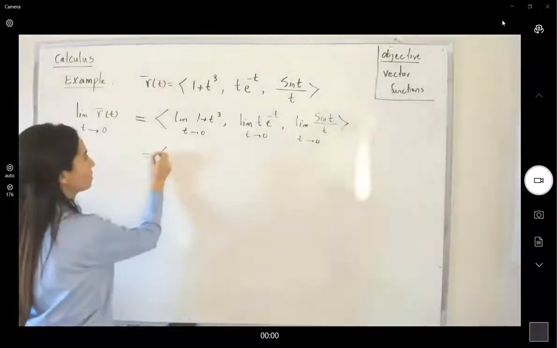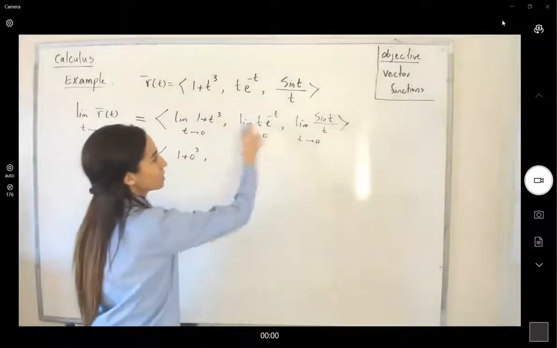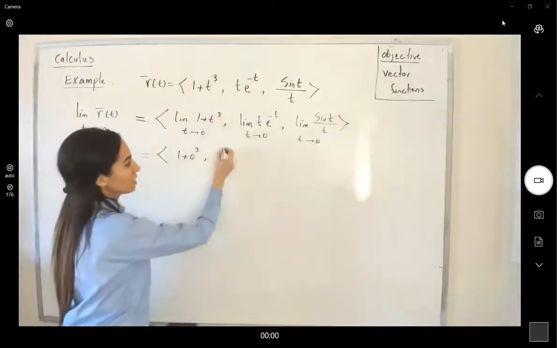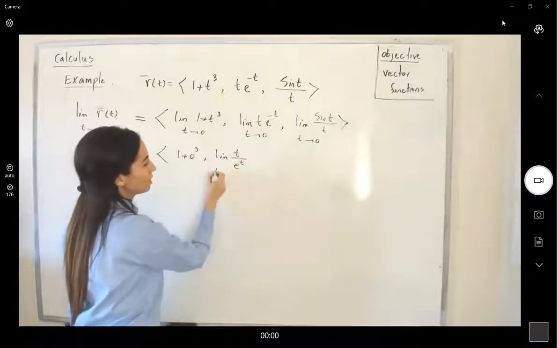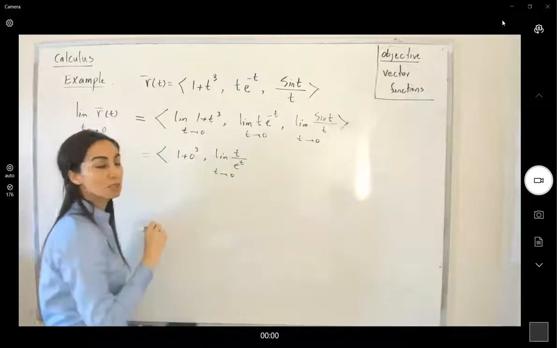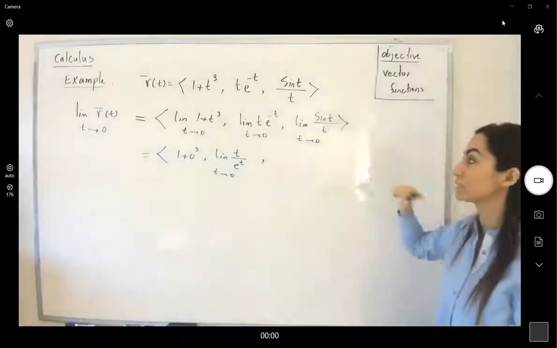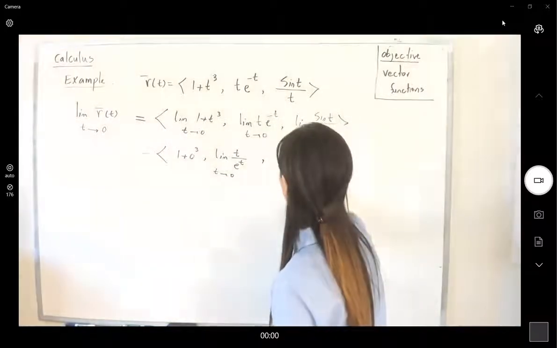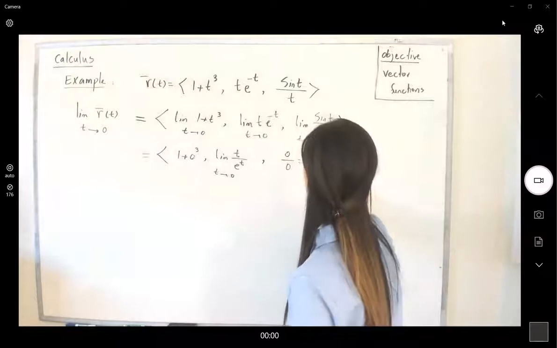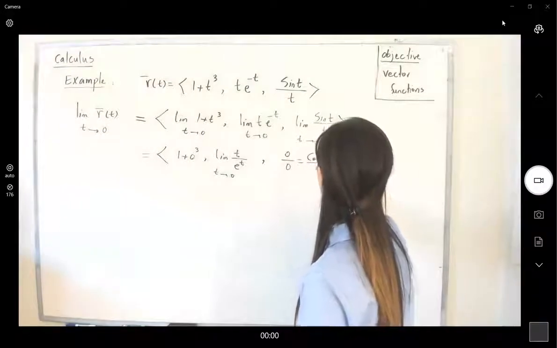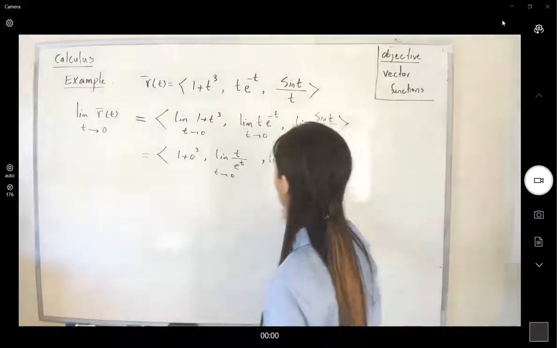To find the limit, we just use substitution. This is equal to 1 plus 0 to the third, which is 1. For the limit of t e to negative t, first you need to write it as t divided by e to the t, then send t to 0. Here, if you plug in 0, you get 0 divided by 1, which is 0. For sine t divided by t, plugging in 0 gives 0 divided by 0. By using L'Hopital's rule, you can write it as cosine t divided by 1, and then take the limit while t goes to 0.